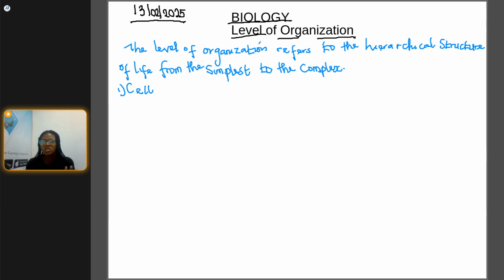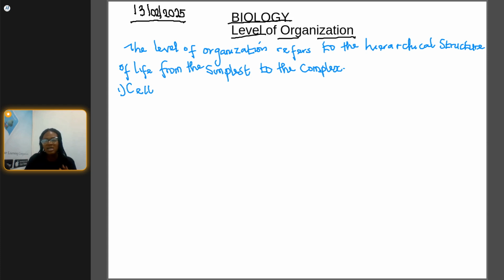Why do we say it is the basic unit of life? There is no organism that can exist without cell. Every organism, no matter how minute, no matter how small, is composed of cells. It could be one cell, it could be more than one cell, but every organism is composed of cells.